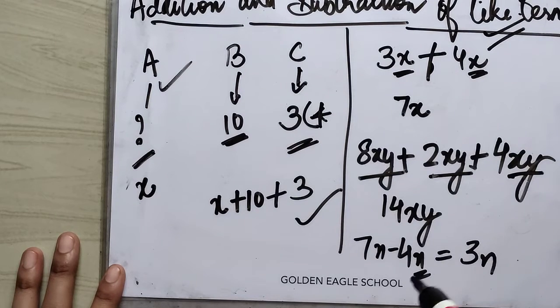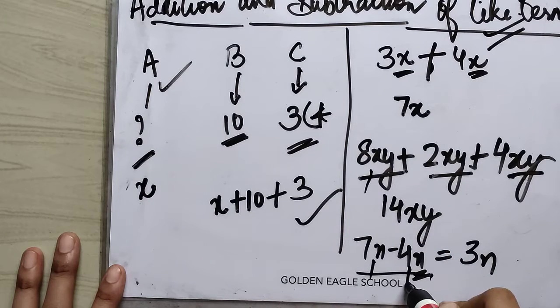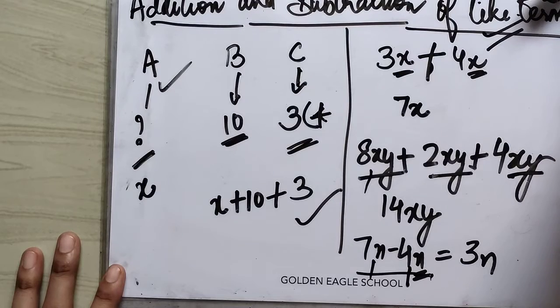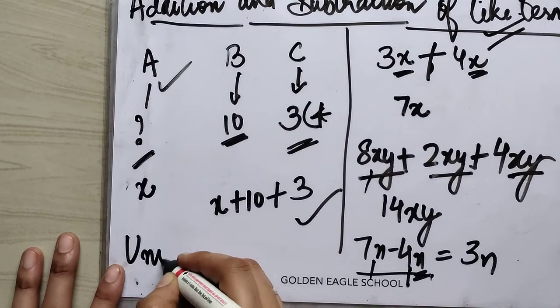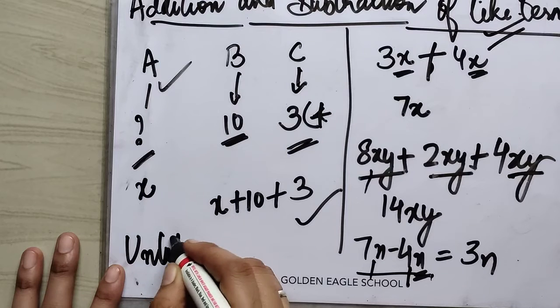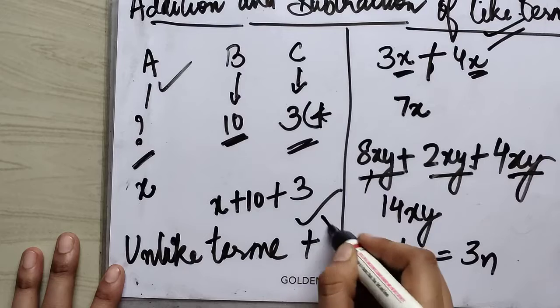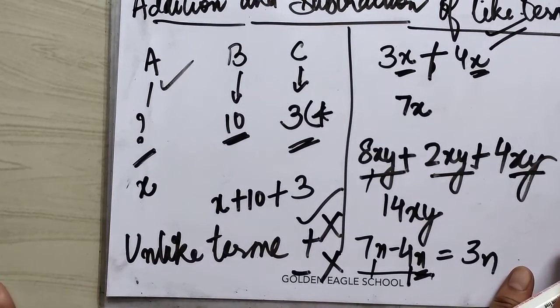Similarly, the difference between two like terms has a numerical coefficient equal to the difference between the numerical coefficients of the two terms. Okay. Unlike terms cannot be added and cannot be subtracted.